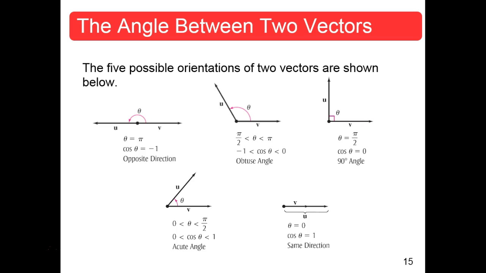Now, if the two vectors are collinear in the same direction, then your theta is equal to 0, the cosine is equal to 1, and it's simply the product of the two magnitudes. That's going to give you the largest value you can get.